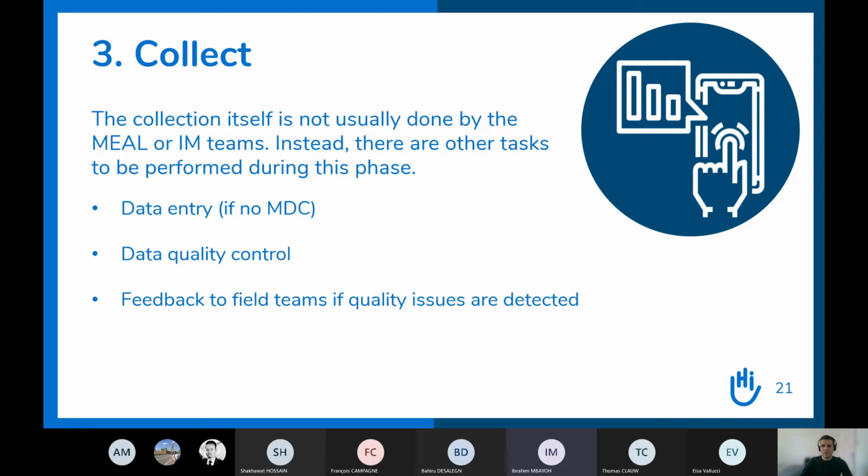For example, at the height of COVID-19, in the process of data collection, we wanted to see whether data collectors were observing social distancing, even when interviewing a beneficiary. We wanted to see whether they were using their face masks and washing their hands in the process.